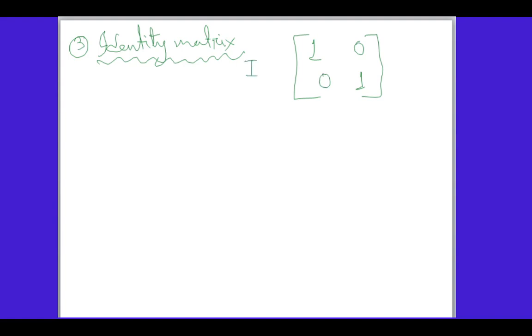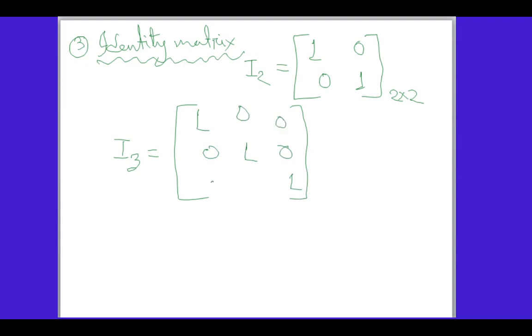Identity matrix is represented by I. This is a 2 by 2 matrix. Also we can write like this, I2. I2 means it is an identity matrix of order 2. Since number of rows and number of columns are the same, we write I2. Similarly, if we say I3, that means it is a 3 by 3 matrix where diagonal elements are 1, other elements are 0.